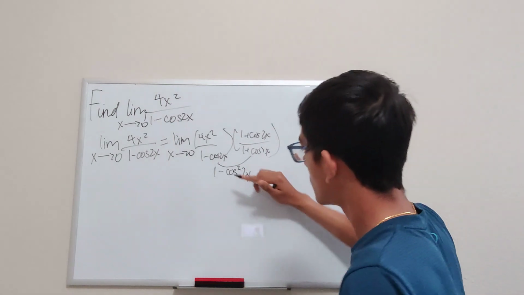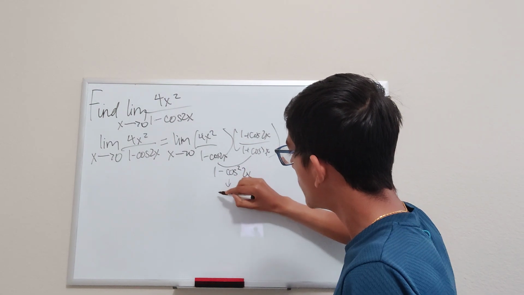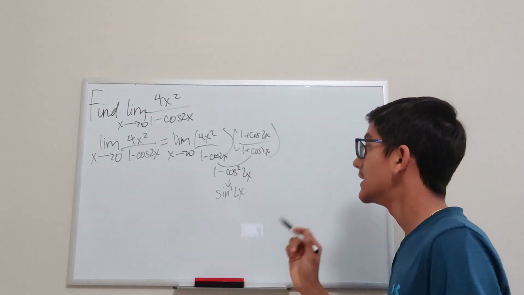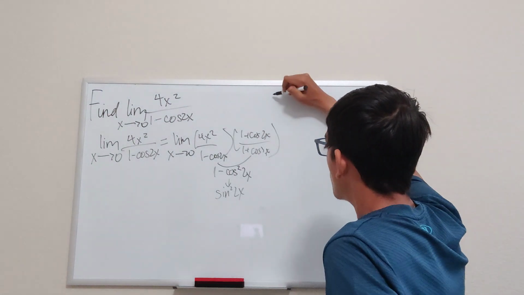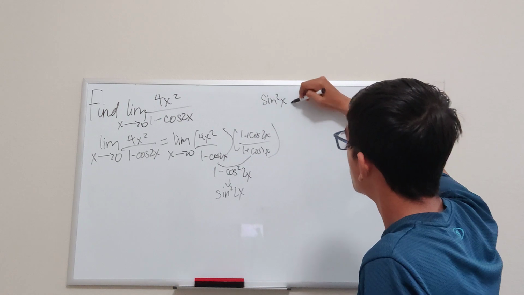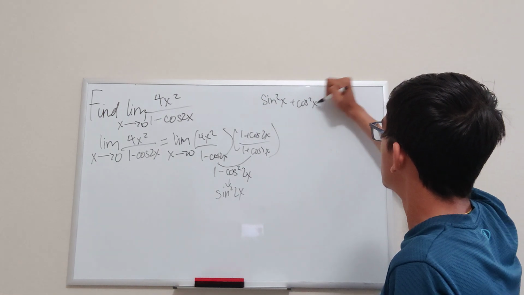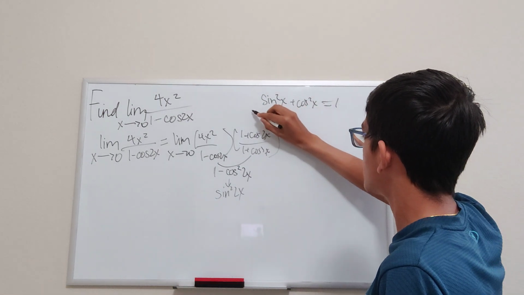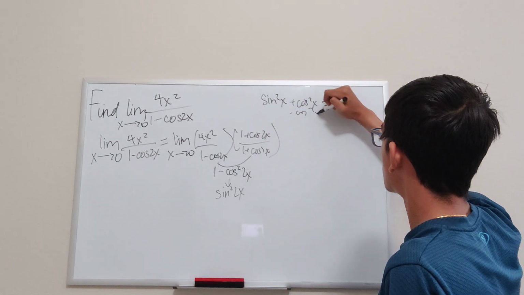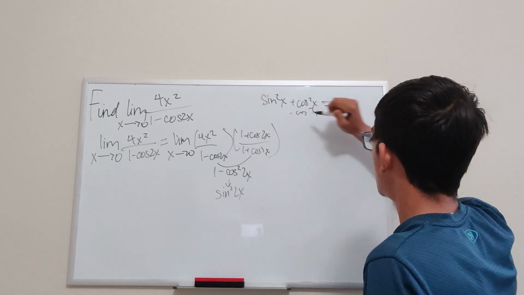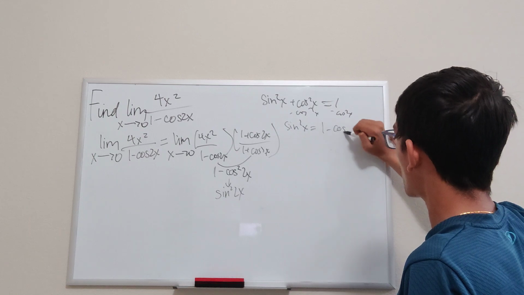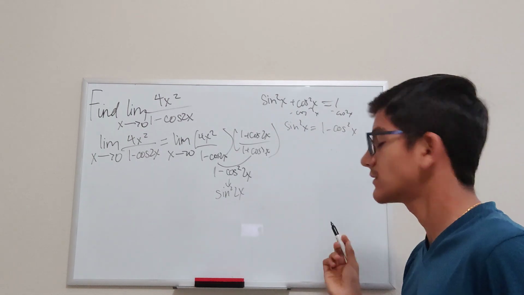This is also known as sine squared 2x, because in trigonometry there is the Pythagorean identity, which states that sine squared x plus cos squared x is equal to 1. You subtract cos squared on both sides, and you get sine squared x is equal to 1 minus cos squared x. And that applies for any x, obviously.